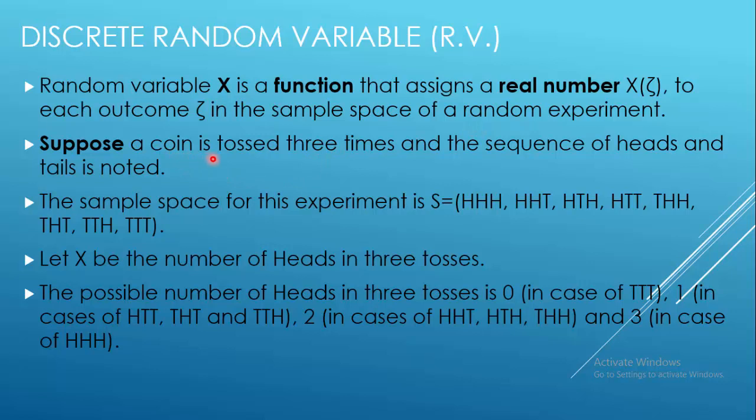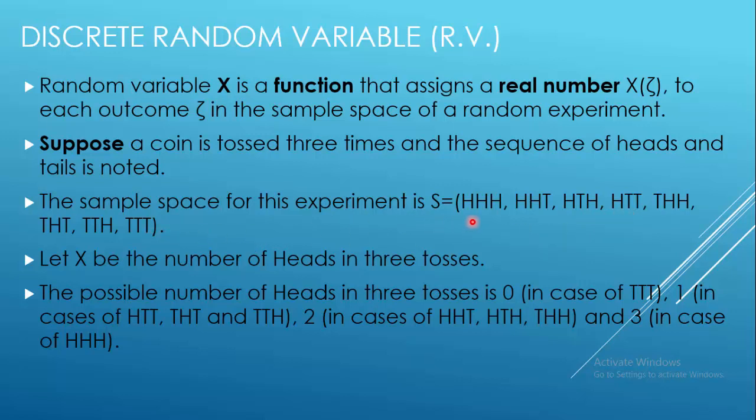Suppose a coin is tossed 3 times and the sequence of heads and tails is noted. The sample space for this experiment is HHH, HHT. H is representing head and T is representing tail. So either you have got all the heads, or you have got 2 heads and 1 tail, or 1 head and 2 tails, or all the tails.